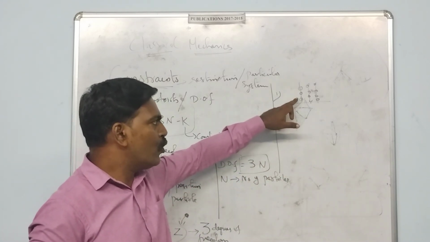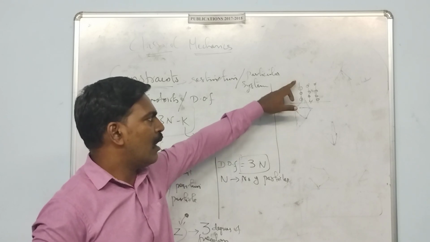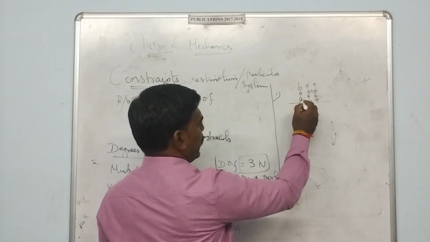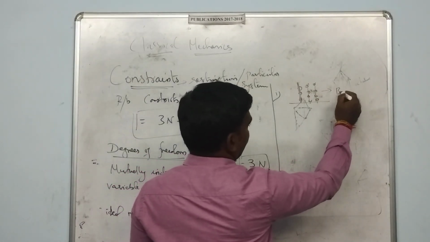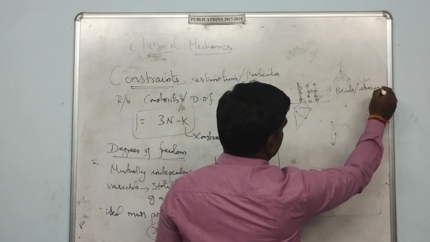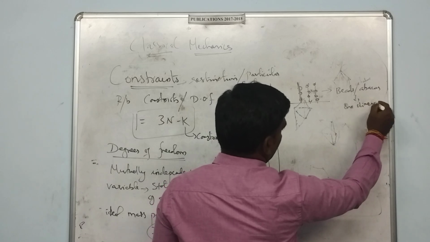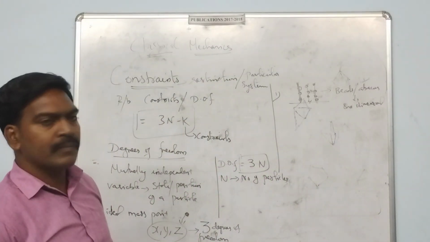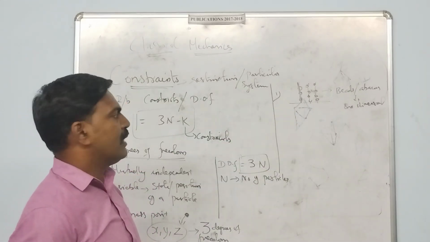It can only move to and fro along the wire. Along the wire it can move anywhere. Beads on an abacus, one-dimensional movement. This is one example for defining the concept.